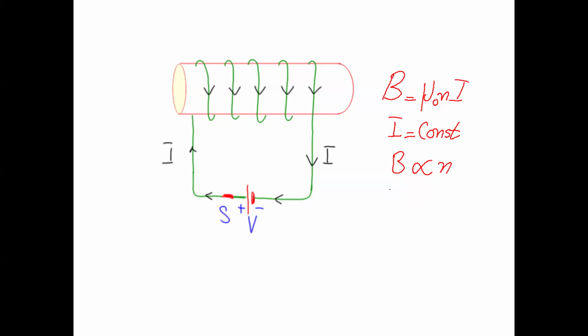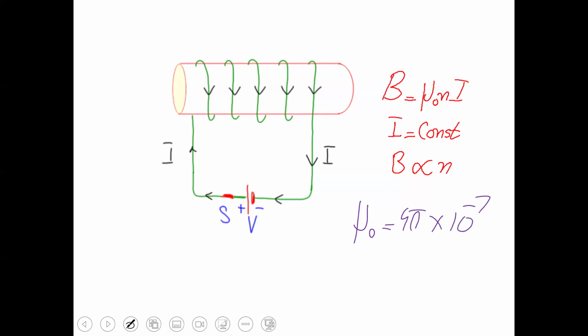What does letter I stand for? What is the constant value of mu naught? 4 pi into 10 to the power minus 7. Good. You have to put this formula. No need to copy the diagram again. Go back to this diagram and put this formula there. This formula was already there in yesterday's class, but it is coming again to show that B is proportional to n.